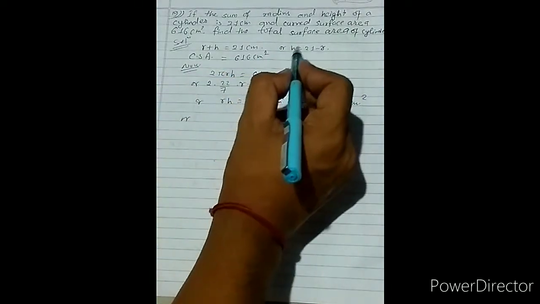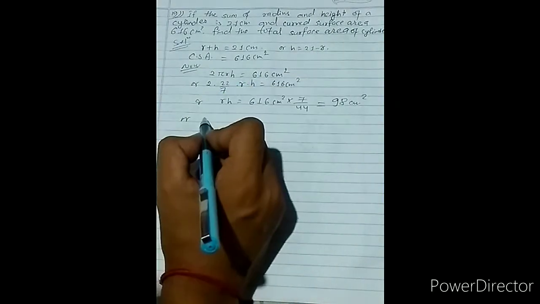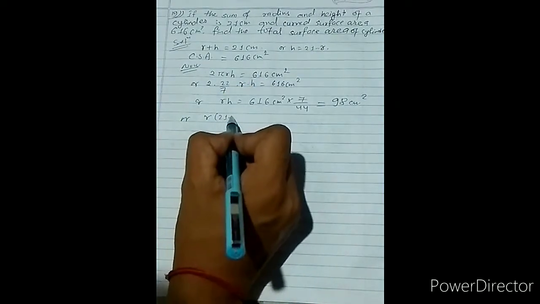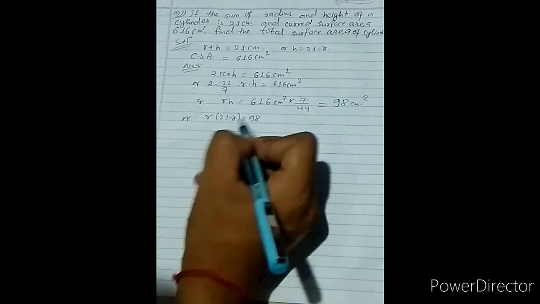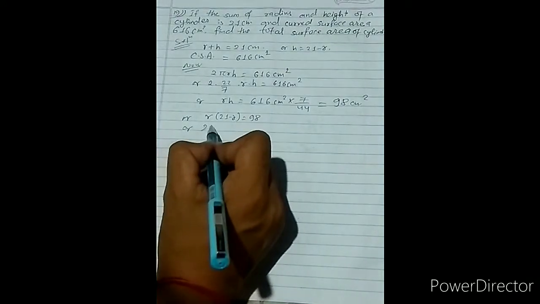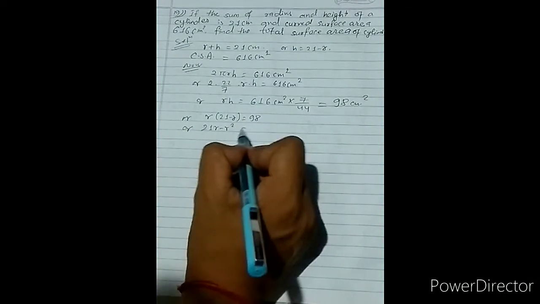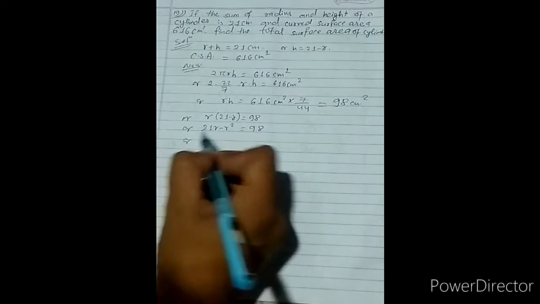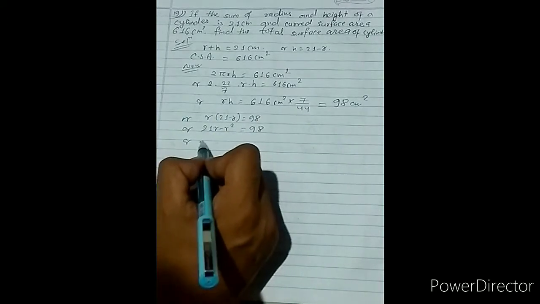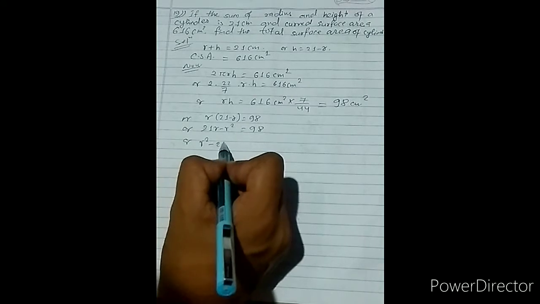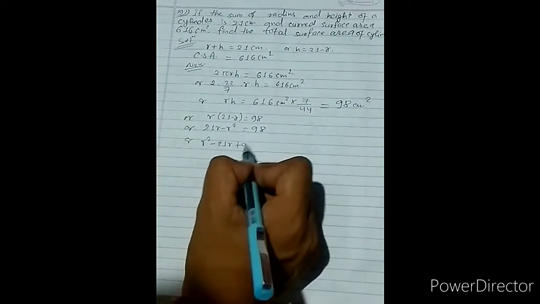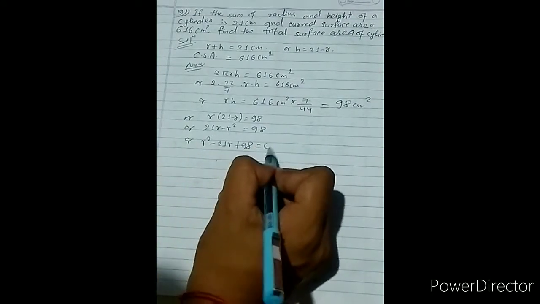Now in the place of h we can write 21 minus r. r into 21 minus r is equal to 98. 21 r minus r square is equal to 98. 98 is another side, then r square minus 21 r plus 98, remaining in left side is 0.